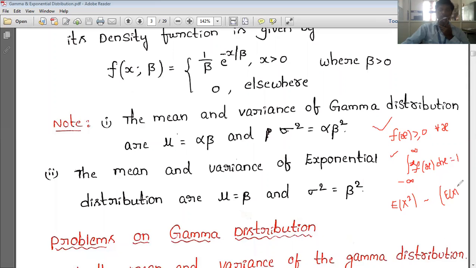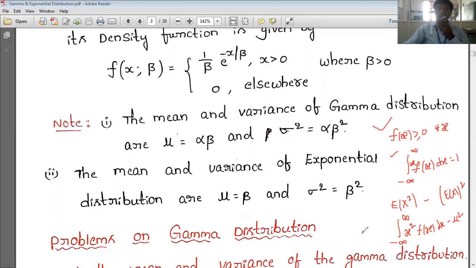So this is the formula we use for calculating variance. This one we can write as the integral from minus infinity to infinity of x square f of x dx minus E of x, which is mu, so minus mu square. By using this we can calculate variance.